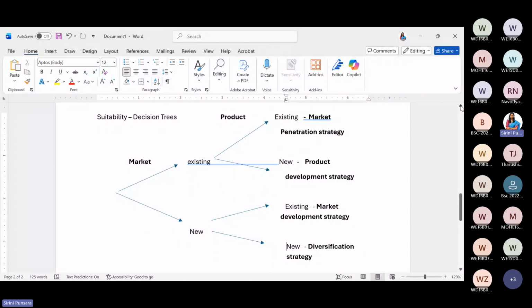Right. Then next one is acceptability. So the first factor, suitability. Second one, acceptability. Acceptability in the sense whether the outcome of these strategies will be meeting the expectations of stakeholders.